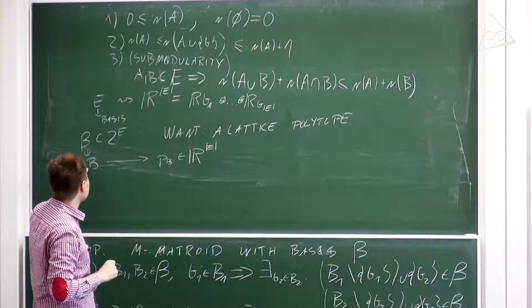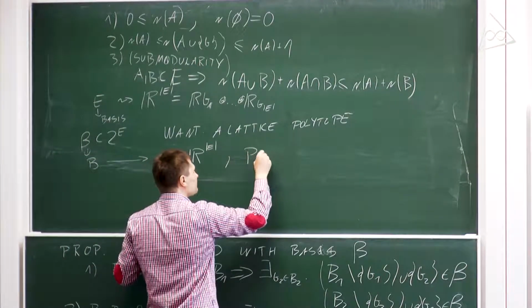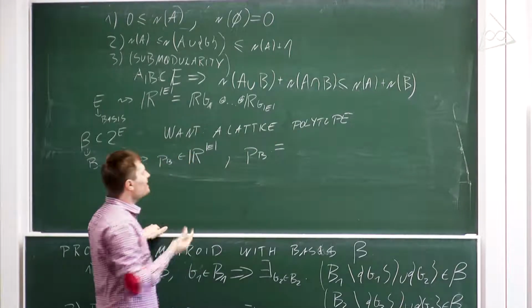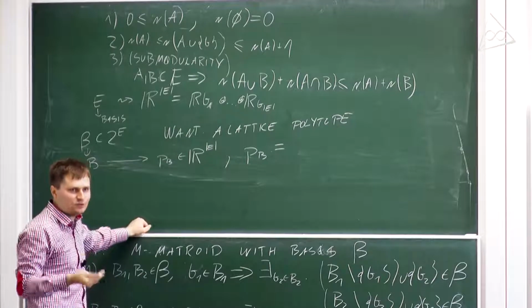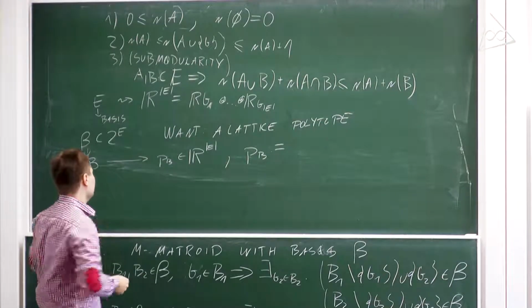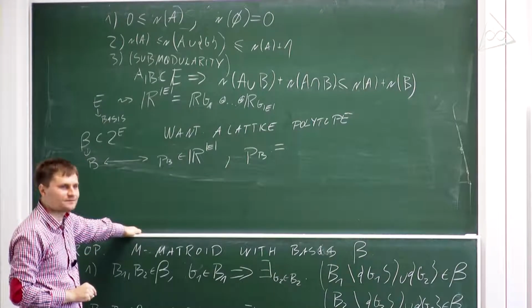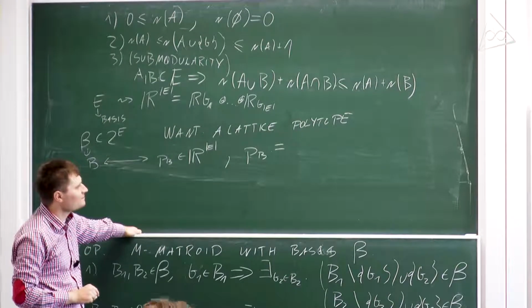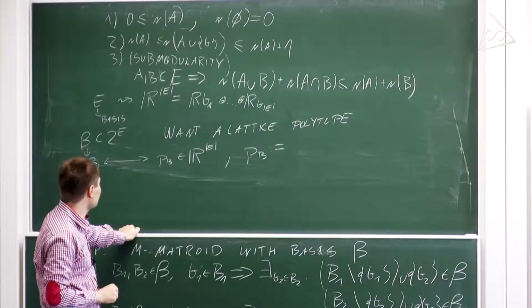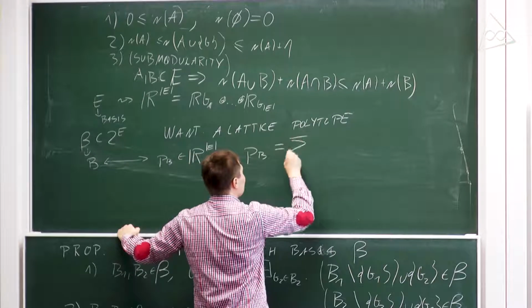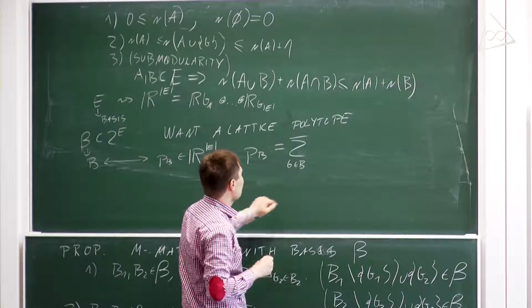Just remember that this is a subset of E. What's a natural point in this vector space that will remember this subset? You can take the sum of all the elements of B. Yes, this is exactly what we will be doing. We take the sum over all elements of B, and we sum up.